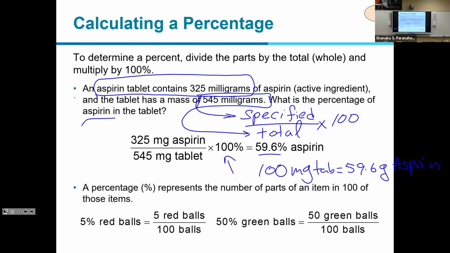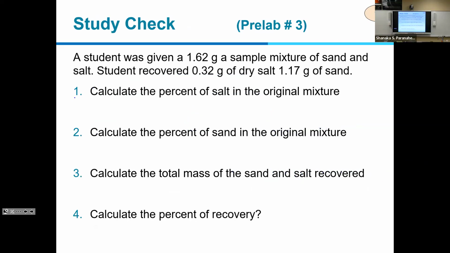Okay, why is this neat? The first place that you're going to do a calculation of percentages is lab 3. Lab 3 has a pre-lab, and there's a question, question number 3, and it has 5 parts. The first 4 parts are exactly similar to this question.